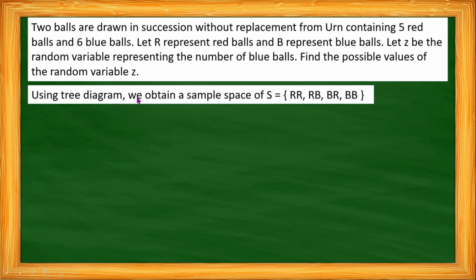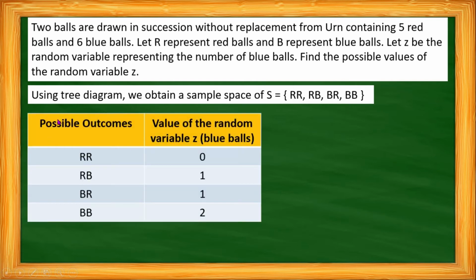So using the tree diagram, we obtain a sample space. And in the table, these are the possible outcomes. And the second column is the value of the random variable Z, representing blue balls.